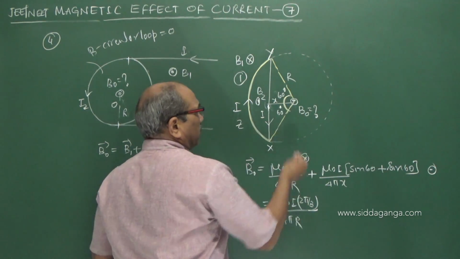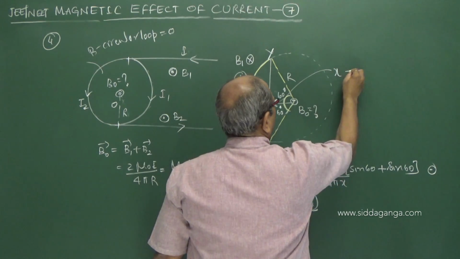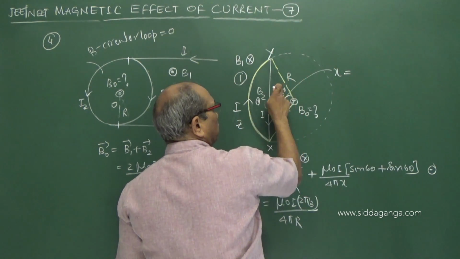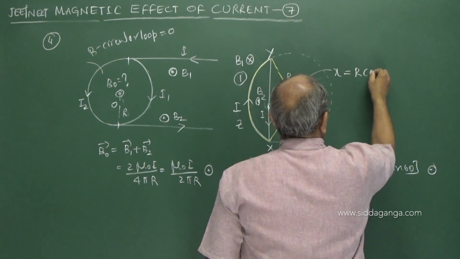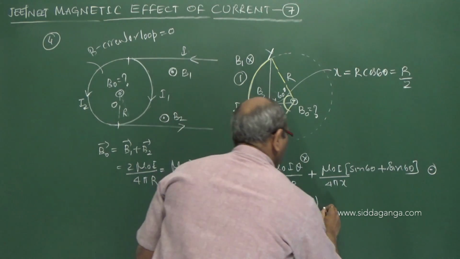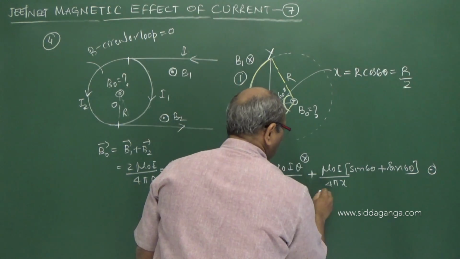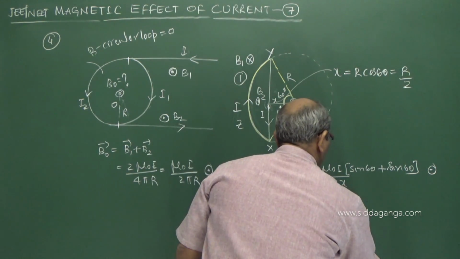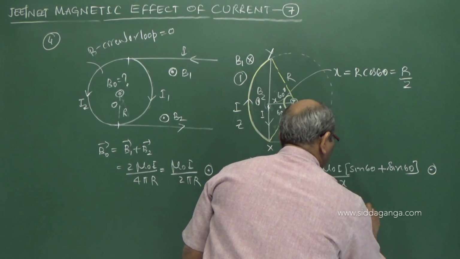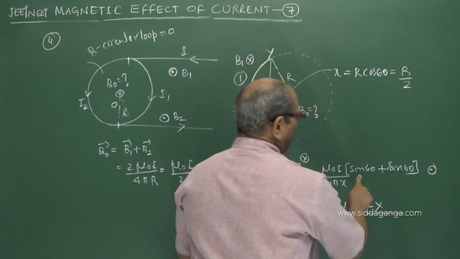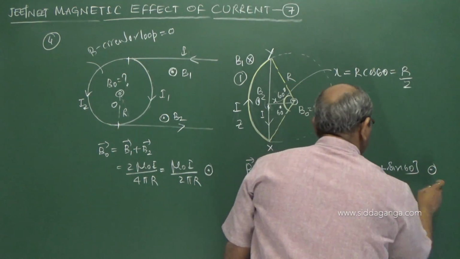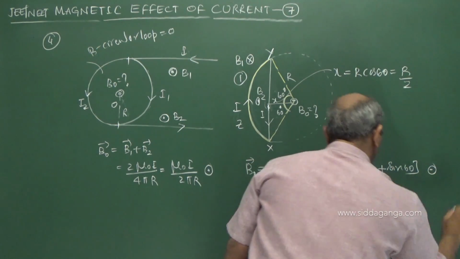And if you want x here, if you see the x, if it is r, adjacent side by hypotenuse is cos 60. r cos 60 is equal to r by 2. So this produces the field into the board. Mu naught I by 4 pi, x is r by 2, into, again sin 60 is 2 into, sin 60 is root 3 by 2.